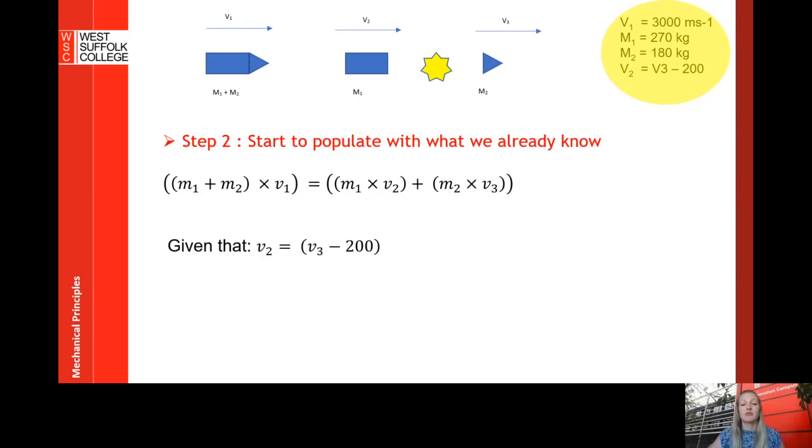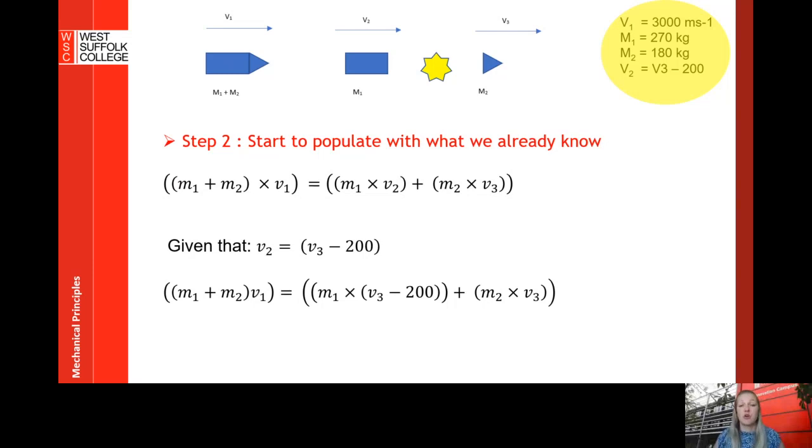Now we know in the question that V2 is exactly 200 meters per second slower than my final velocity, which is V3. So I can then substitute V3 minus 200 for every value that is labelled V2. This will then extend out that equation, but now it is the equation in its entirety.